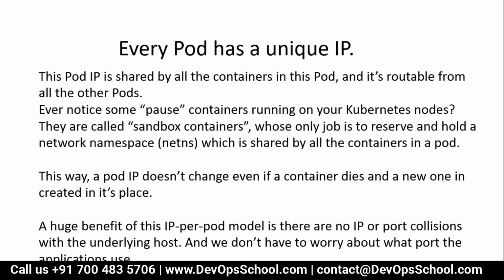I've been teaching you the pod gets a network, but actually the pod gets a network namespace held by a container, because without a container the pod cannot hold that network namespace. So this sandbox container, the pause container, has the only job to reserve and hold a network namespace which is shared by all the containers in a pod.